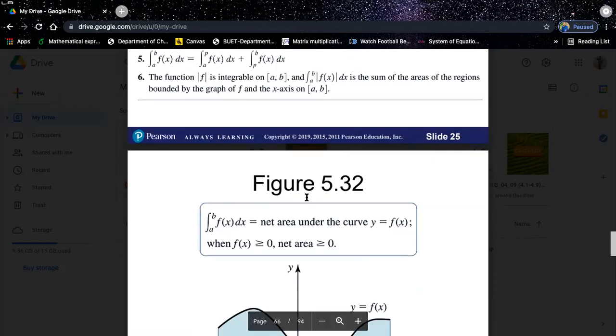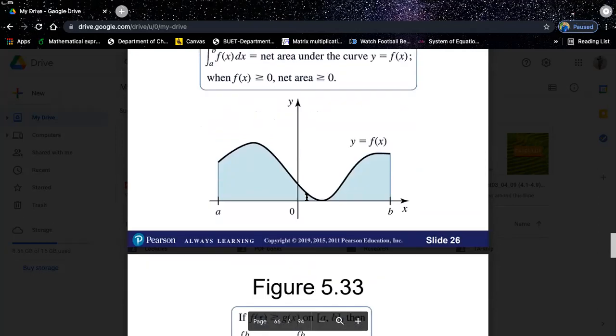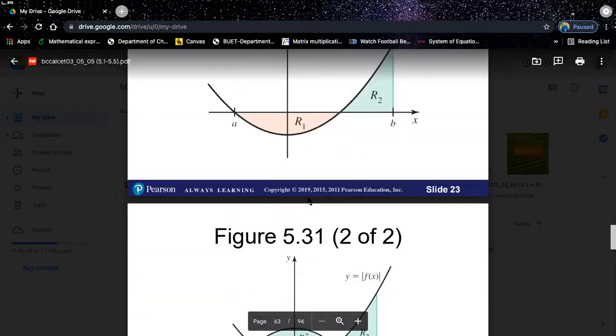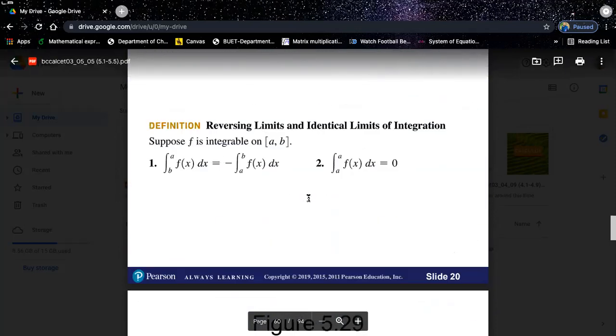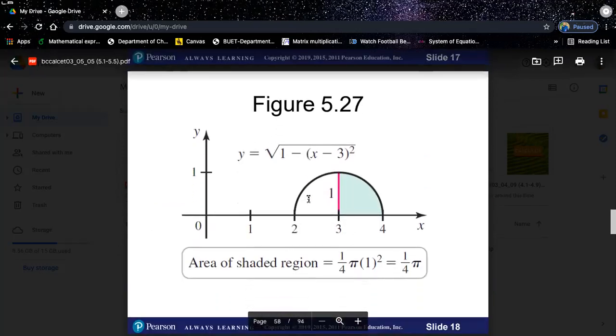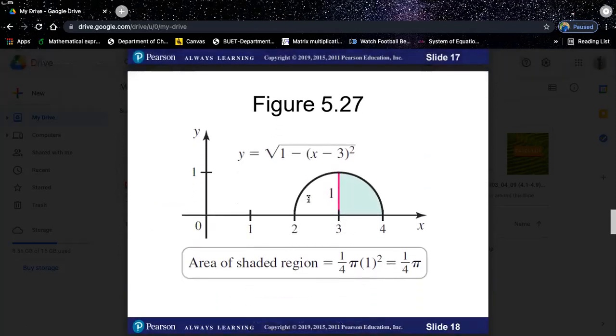Before we move to the next slide, let me show you a really funny and interesting example. Yeah, this one. If you are given a function like this, y equals, let's say, the square root of 1 minus (x minus 3) squared.